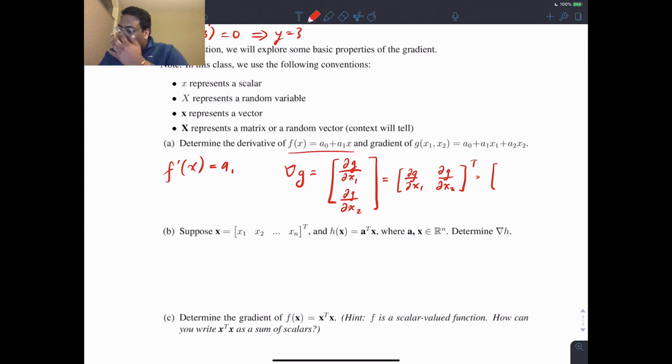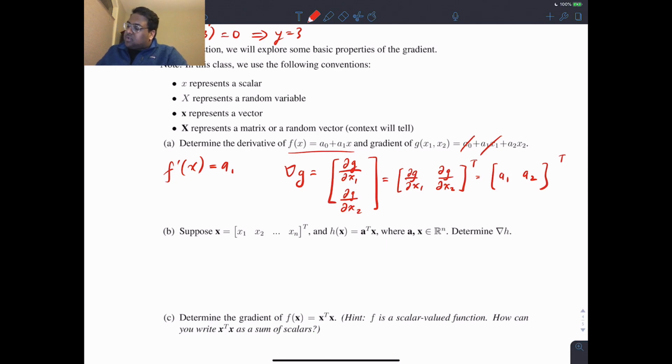Now, what's the partial derivative of this function with respect to x1? The other terms are irrelevant because they have no x1, so it's just a1. Similarly, for the partial derivative with respect to x2, the first and second terms are independent of x2, so we just get a2.